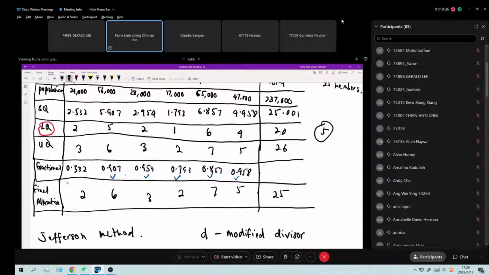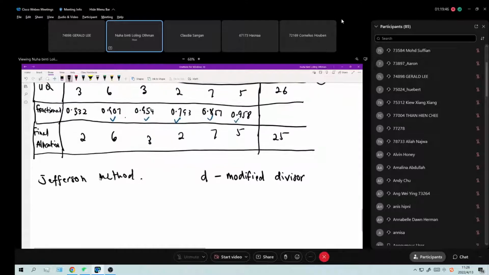Jefferson created this method. What happens in this method is they use the modified divisor, which is something that you need to guess. The modified divisor is also involved in the Adams and Webster methods.